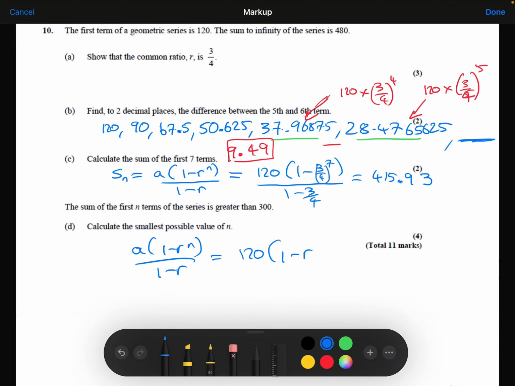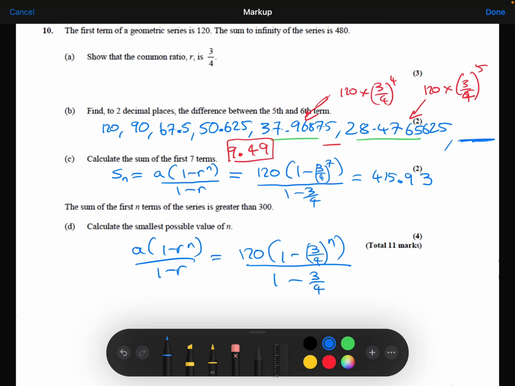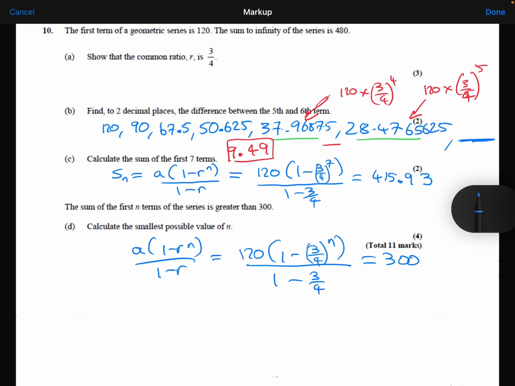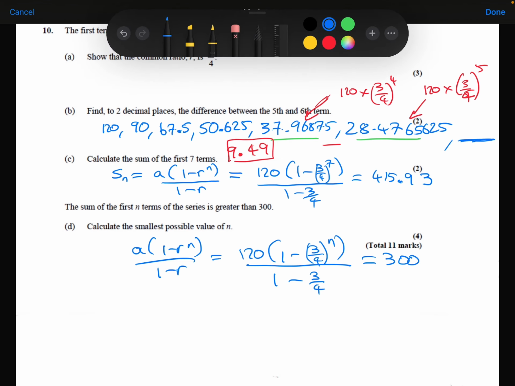We know our R is 3/4. So when does that equal 300? Let's solve this equation and work out what n would be when the sum equals 300.